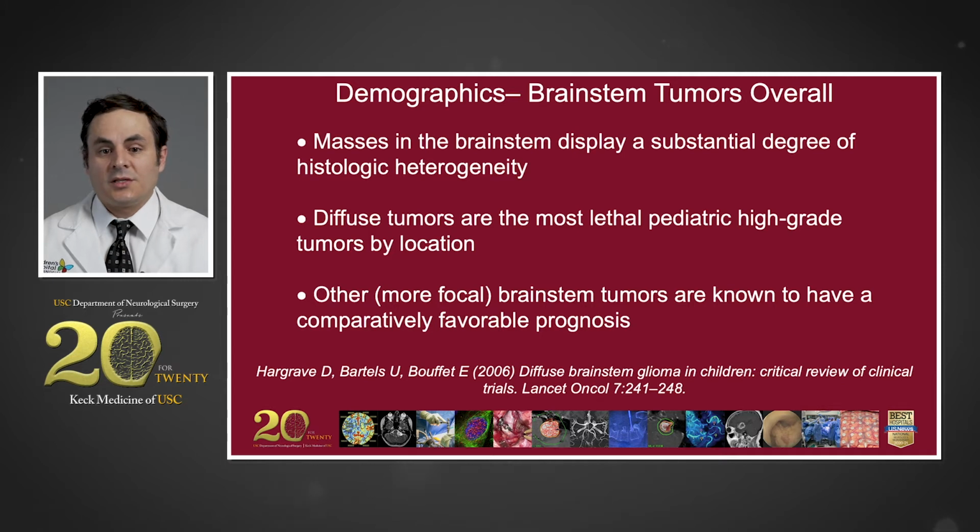Masses in the brainstem display a substantial degree of histologic heterogeneity, and really diffuse tumors are the most lethal pediatric high-grade tumors by location within the brain or spine. Other brainstem tumors that are more focal in nature are known to have a quite favorable prognosis in comparison.